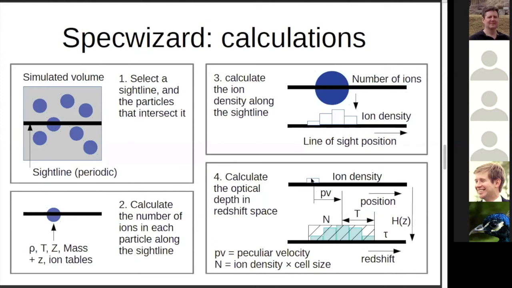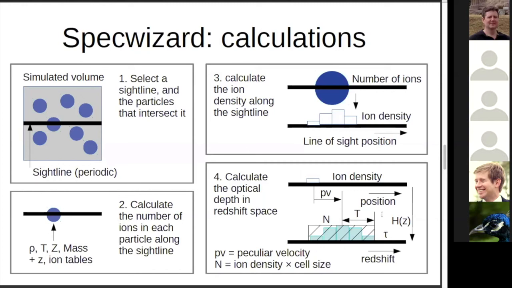And then for each of those cells, you calculate an optical depth profile. That's a Gaussian profile just from the position and Hubble flow and peculiar velocity. You center this, and the normalization is based on the ion density, cell size, and the atomic data, of course. And then the temperature sets the line width.